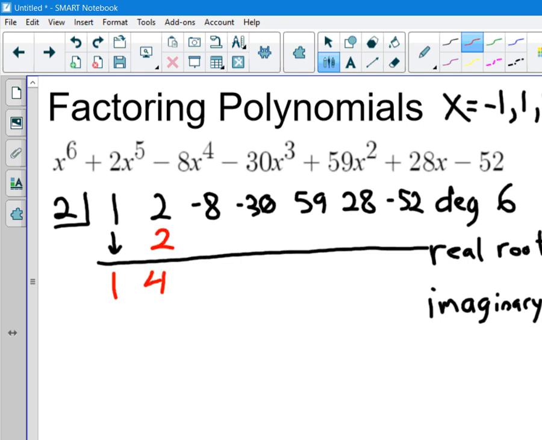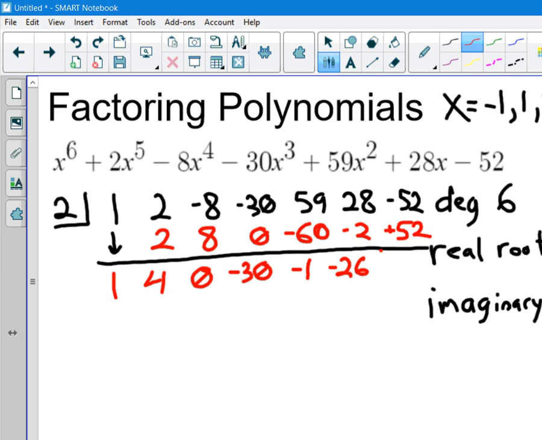Times 4 is 8. Minus 8 is 0. 0 times 2 is 0. Minus 30 is a negative 30. Times 2 is a negative 60. Plus 59 is negative 1. Times 2 is a negative 2. Plus 28 is a negative 26. And times 2 is positive 52. And there is my remainder of 0.